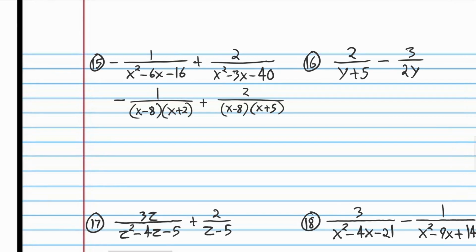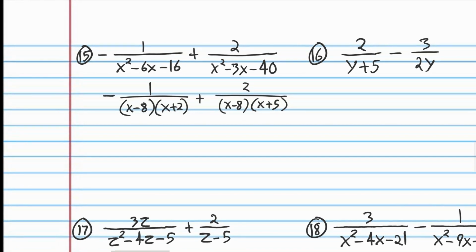All right, so we have an x minus 8 in both fractions. But on this fraction, we have an x plus 2, and we don't have an x plus 2 on this fraction. In this fraction, we have an x plus 5, but we don't have an x plus 5 in this fraction. So we're going to have to multiply both sides of this fraction to get an x plus 5 there.